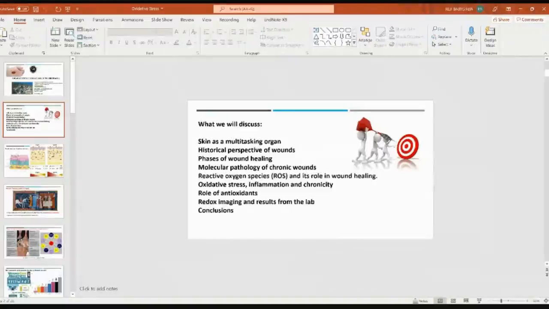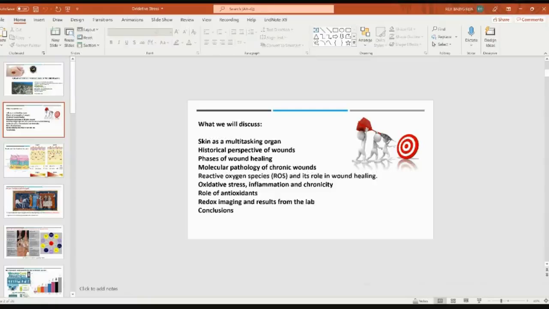I will be describing some of the phases associated with wound healing, the molecular characteristics of wounds that don't heal, and slowly switch gears to understand the cellular features in the context of reactive oxygen species and its role in wound healing. Again, the idea of reactive oxygen species and its role in chronic diseases is not novel, and it's not novel in the wound healing world as well.